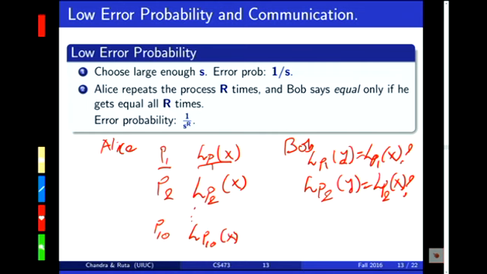It will be 1 over s square. Right? So he can do all of these comparisons.